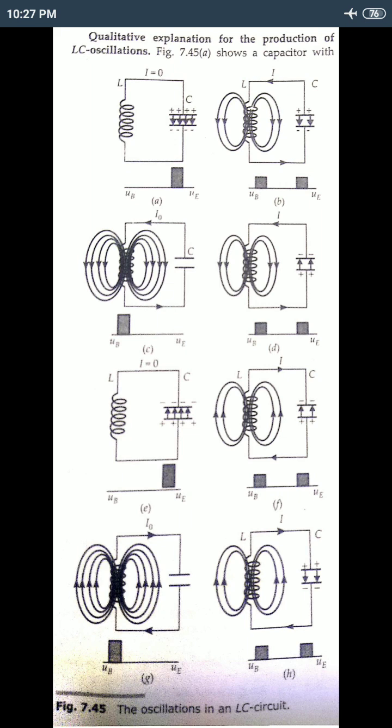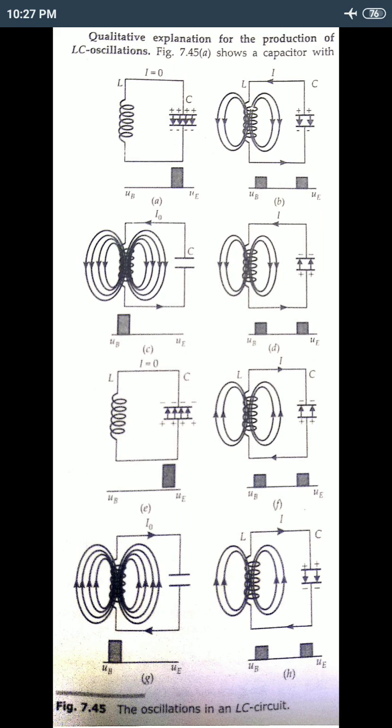When the capacitor is fully discharged and the potential difference across the plates becomes zero, whatever current is built up in the circuit is the maximum current, because the capacitor has no charge left. That is the maximum value, and that's why it is denoted by I naught.